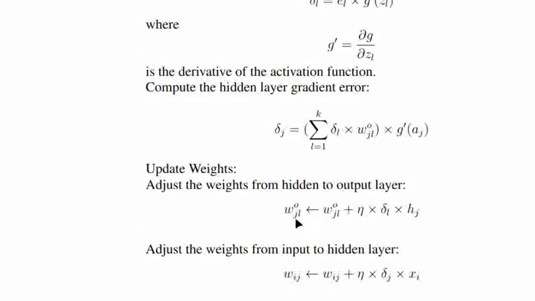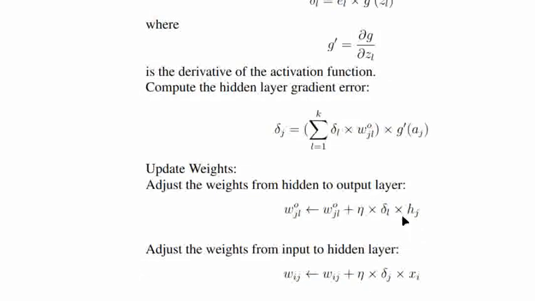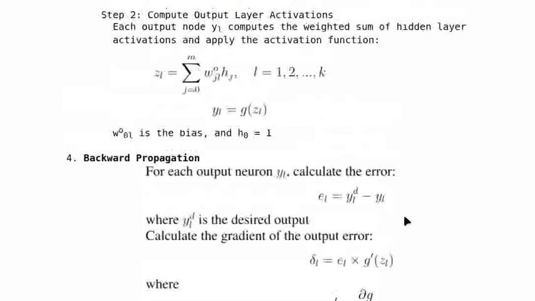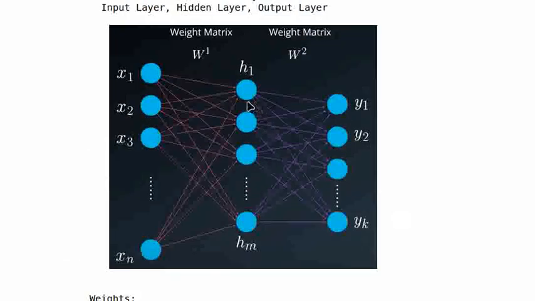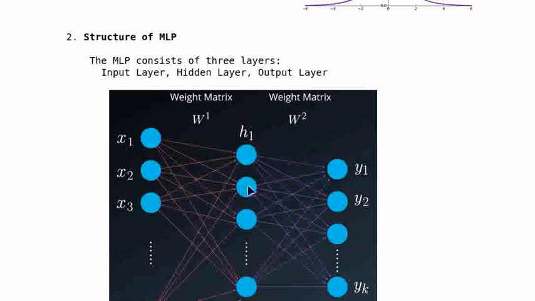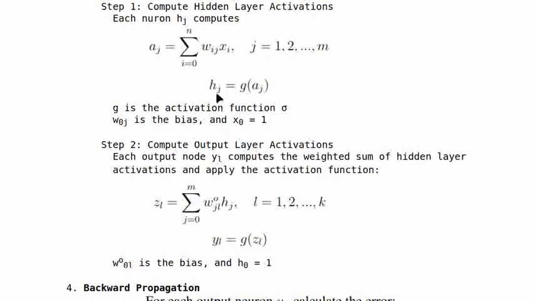So the new wjl o is equal to the original wjl o plus eta, the learning rate, times delta l calculated here, times hj, the value at the neuron calculated from here.